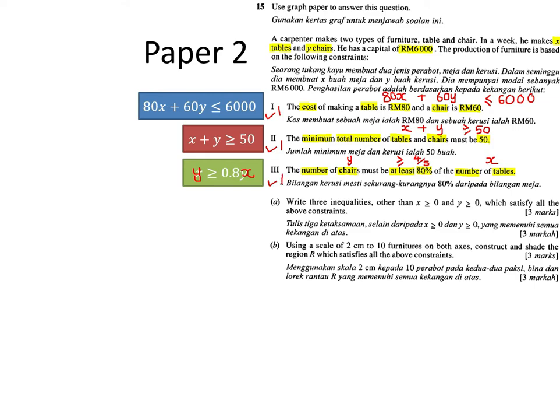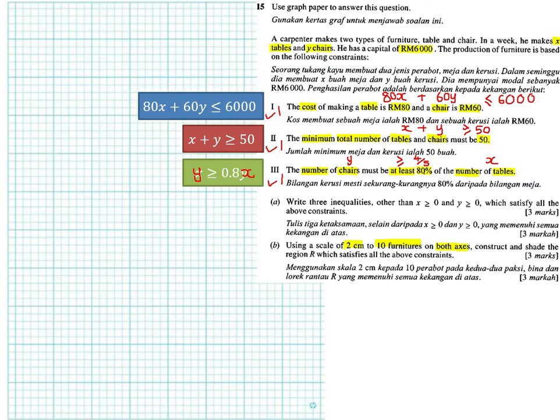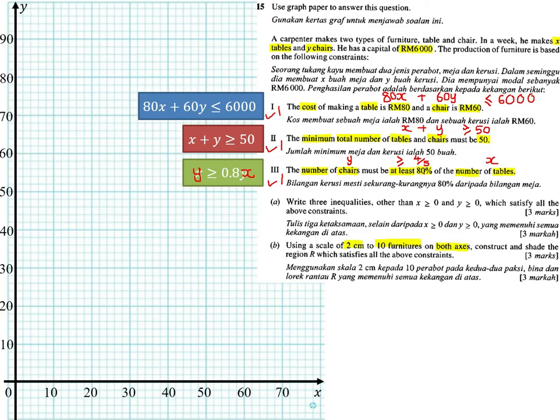Okay, now we want to draw it using the scale of 2 cm to 10 furniture on both axes. So we construct it with the scale of 2 cm to 10. So the first inequality is 80x plus 60y less than or equal to 6,000. Y equals negative 4 over 3x plus 100. We can start from the y-intercept.